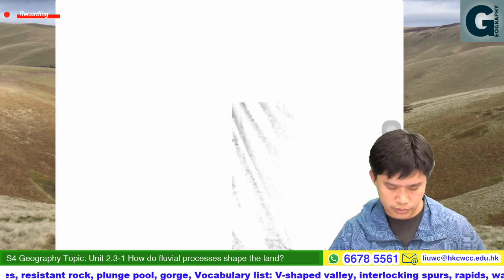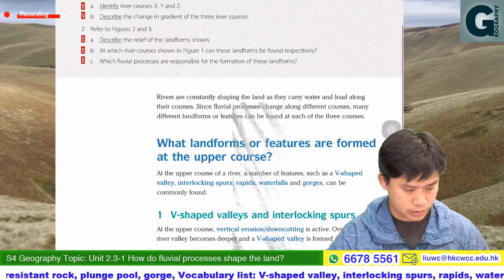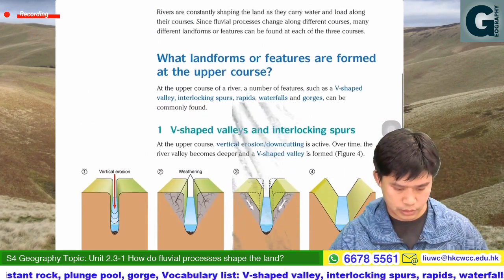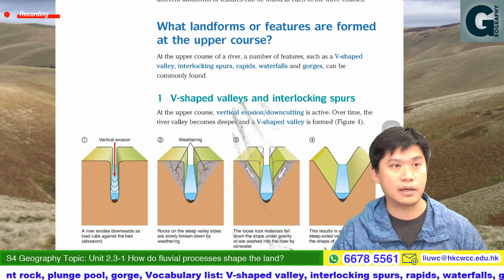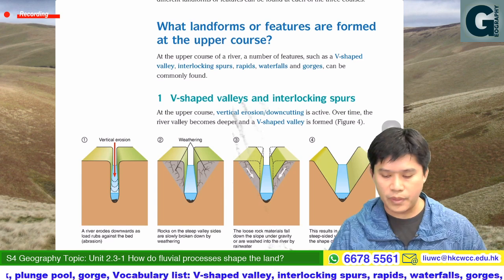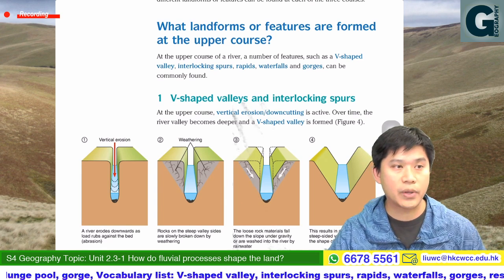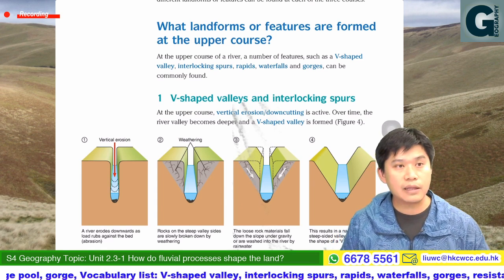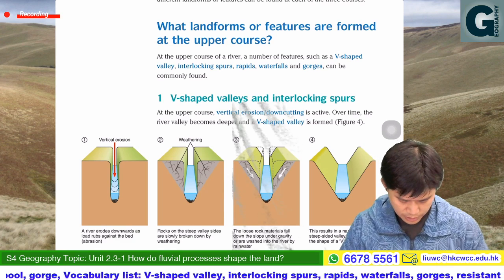Okay, first, here you can see what features could be found in the upper course for the landscape, or the features in the upper course.